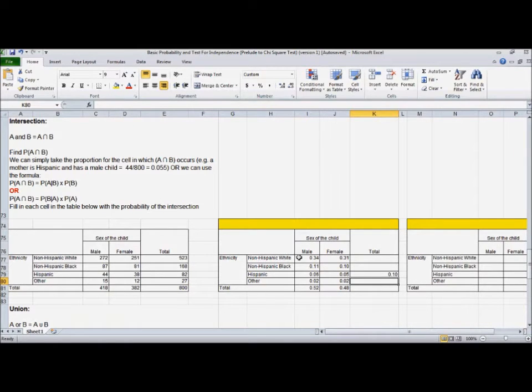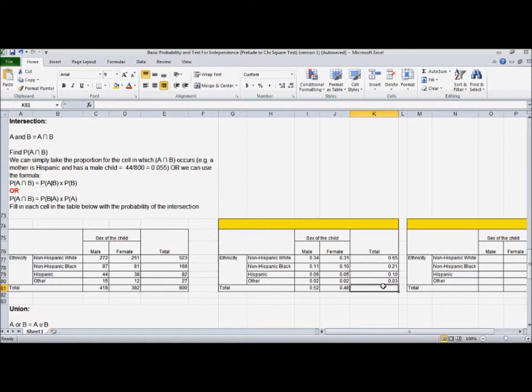So you should see that when you add up these two, you'll get the marginal probabilities: the probability of non-Hispanic white, probability of non-Hispanic black, Hispanic, etc. So we could actually sum these, and what we're doing now is filling out our contingency table with probabilities.